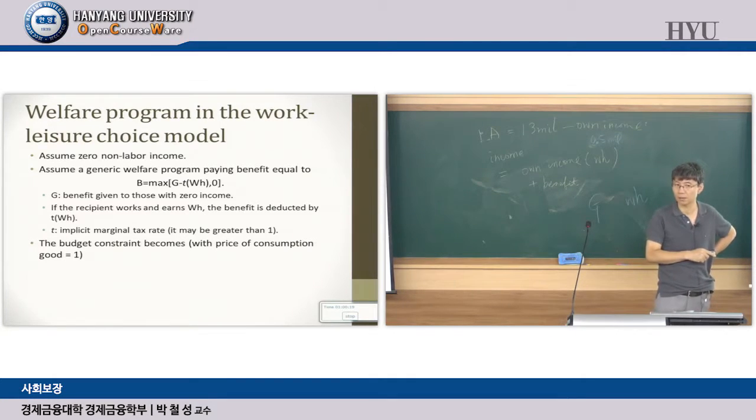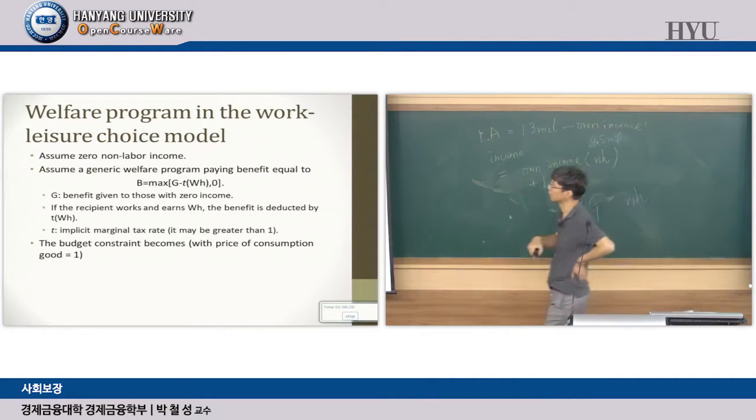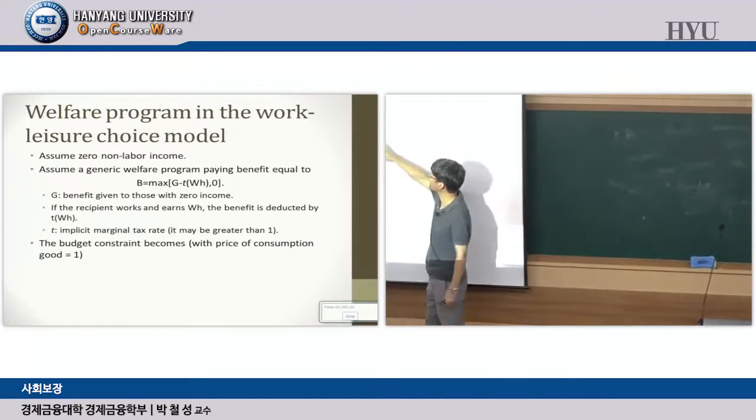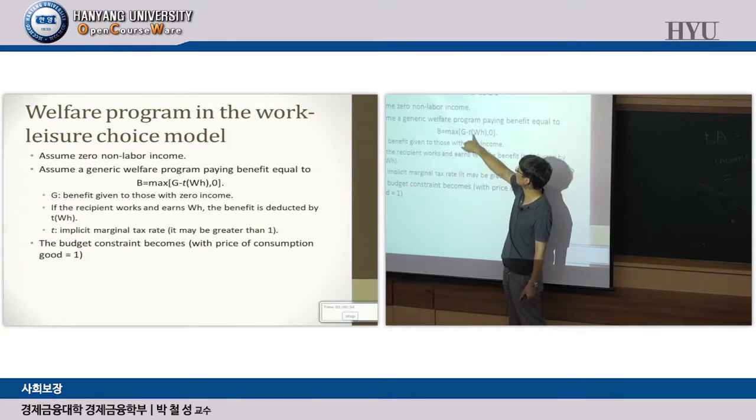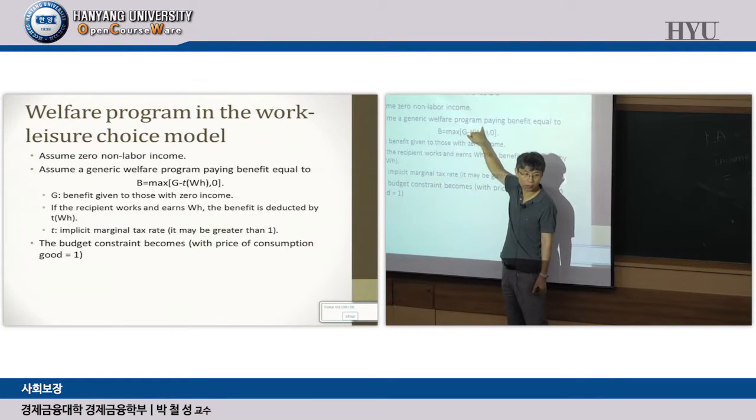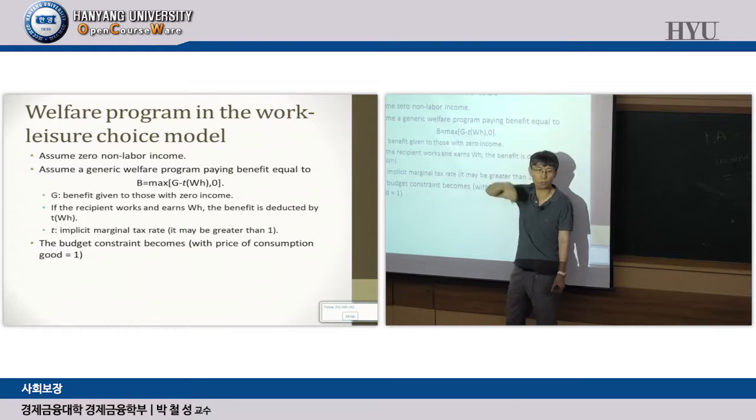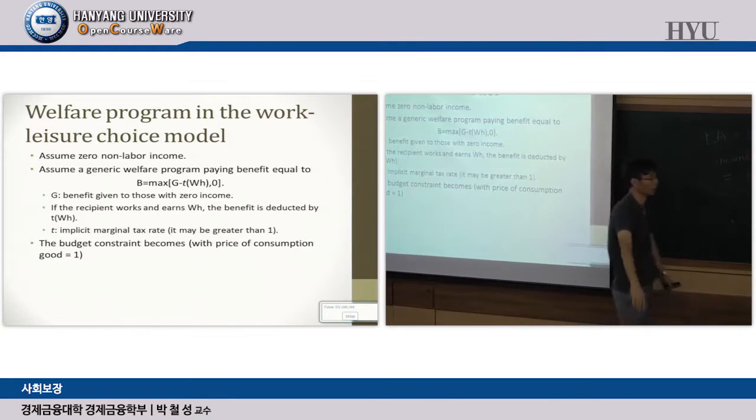So how much the government deducts relative to your own income is the implicit tax rate. And 0 means that if your income is above G, then you will get nothing. You don't pay anything to the government anymore.